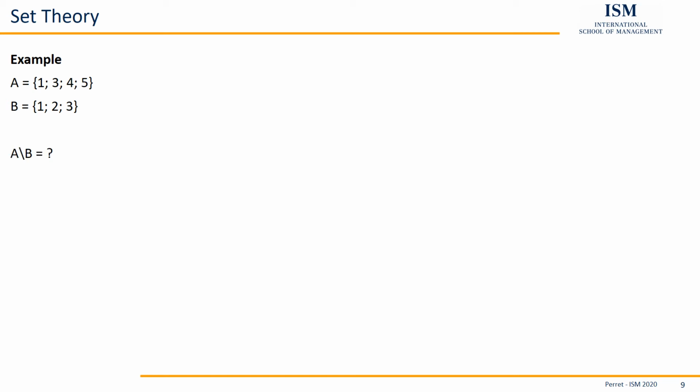So if we want to calculate the difference, or A without B, we take a look if any of the elements of B is in A, and those which are, we just omit from A. So we see we have the 1 in both of them, the 2 is only in B, so the 2 doesn't matter, and the 3 is in both of them. So we erase 1 and 3 from set A and are left only with 4 and 5. And that's then our difference set, or our difference.